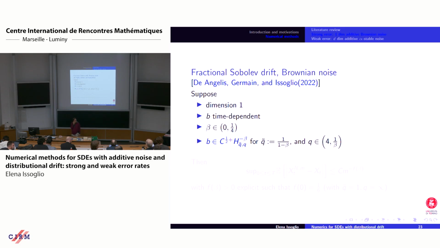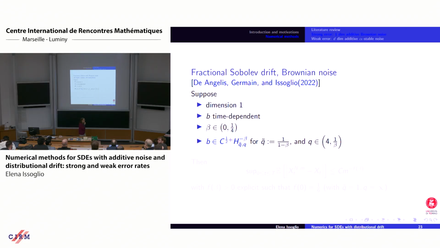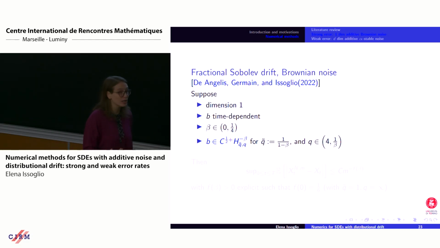Maybe I quickly ask, what would be your rate if in your stability you got power 1? 1/2 minus beta. For a long time I was saying I have to get 1/2 minus beta half, because this is what you get with the positive, right? But then 1/2 minus beta half would not vanish when beta is 1/2. But why would it have to vanish? Well, because we don't have well-posedness.